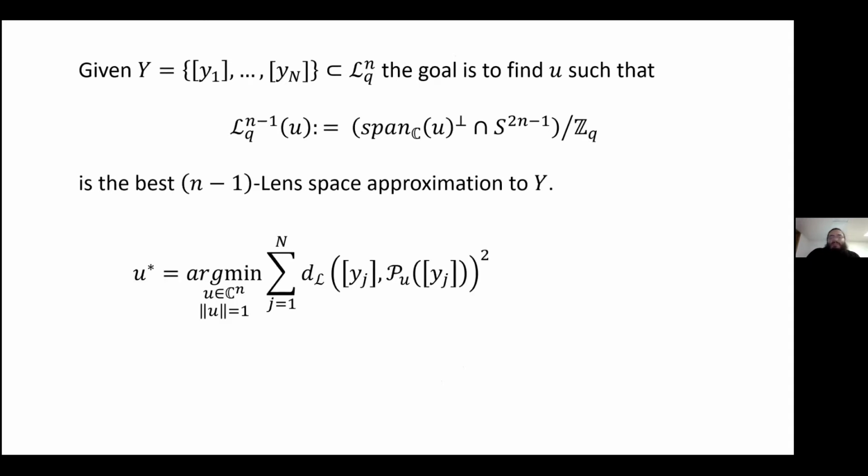And by best approximation, we mean we're trying to minimize the distance in the lens space. One of the things that I want to point out is that this minimization problem that we want to solve is nonlinear, both the restrictions and the objective function.